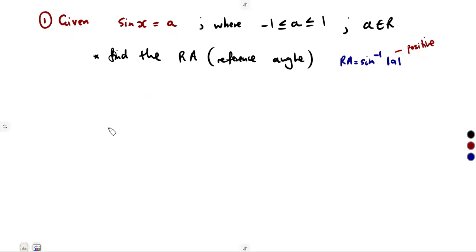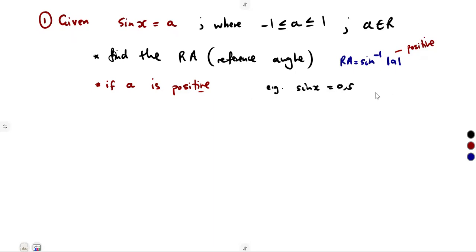Now, if A is positive, that is where you consider the quadrants. For example, the sine of x is equal to 0.5.